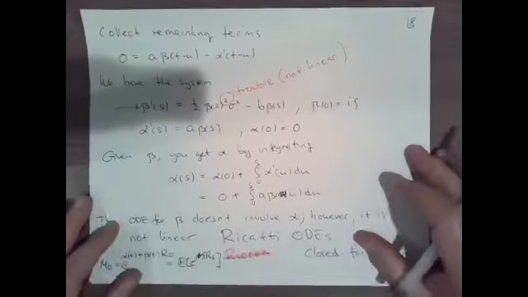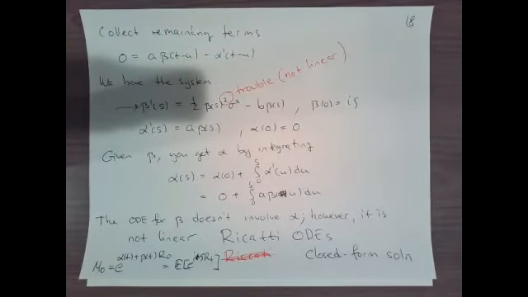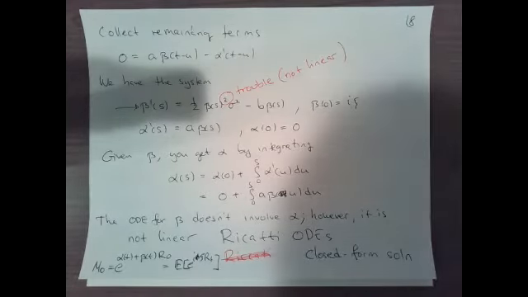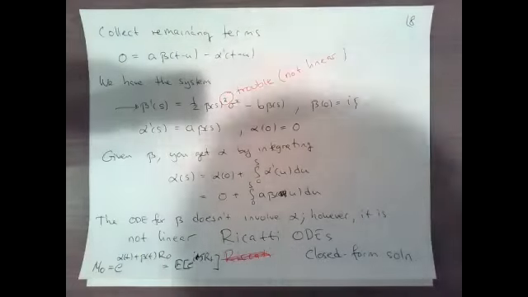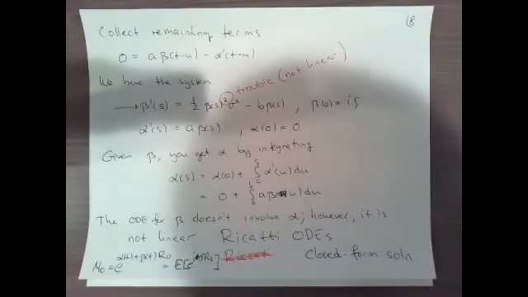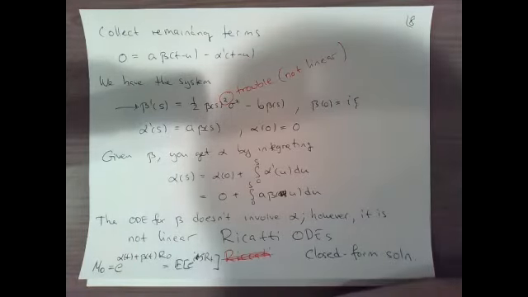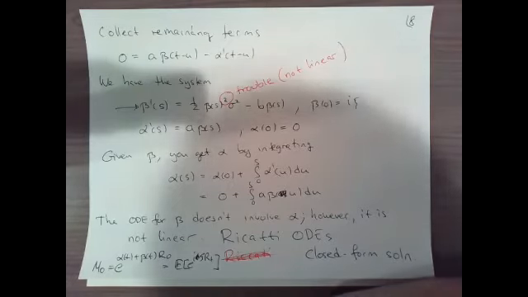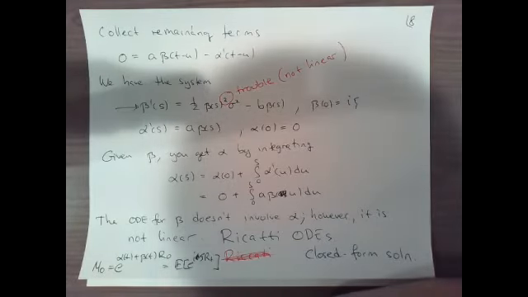Any questions or comments on this part? It's a bit of a detour. We ended up using Ito's lemma one more time, and it allowed us to derive the ODEs that will characterize the characteristic function for RT, and thereby telling us what the distribution of RT is.